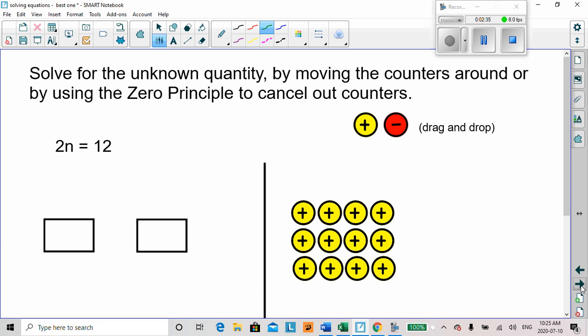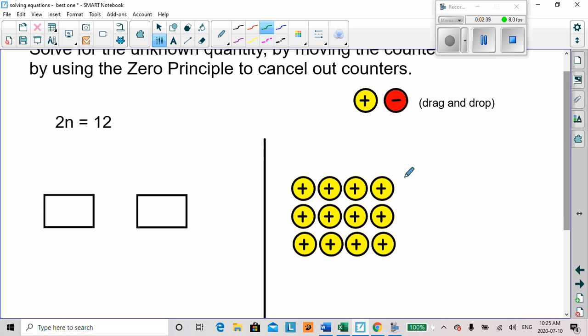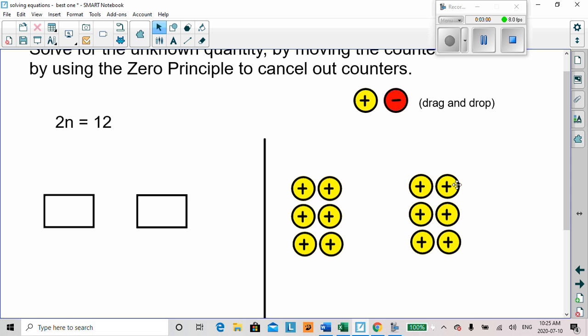Let's try this one. This one's a little bit different because now I have 2 times n, so that means I have 2 n's, and that's why I have 2 boxes on the left, is equal to 12. So we're going to do this differently. Because I have 2 n's, I'm going to separate these into 2 separate piles.